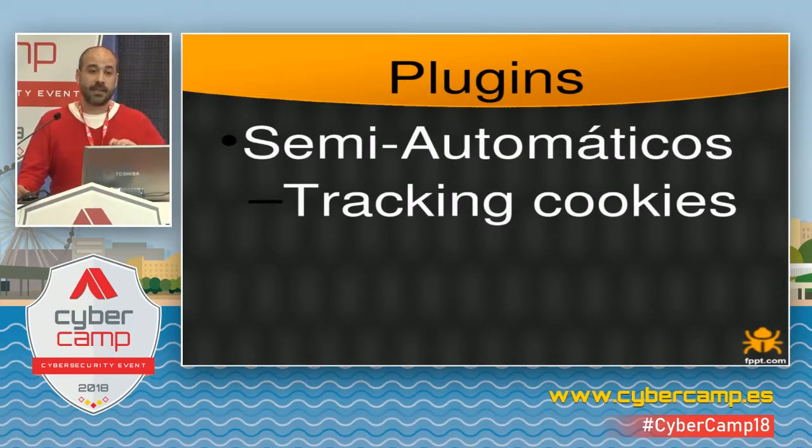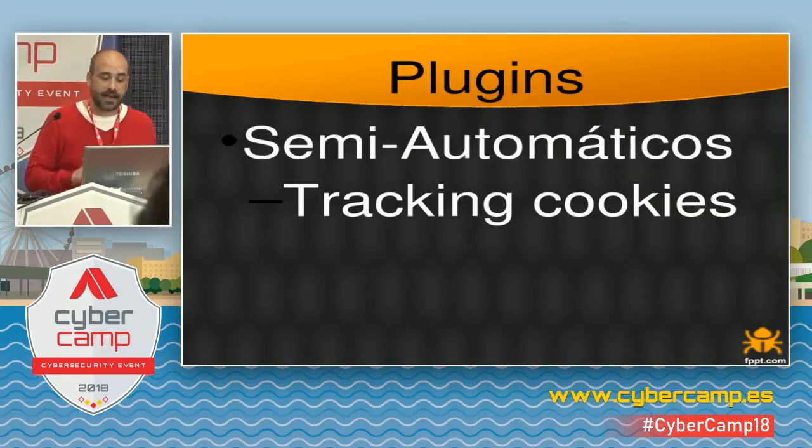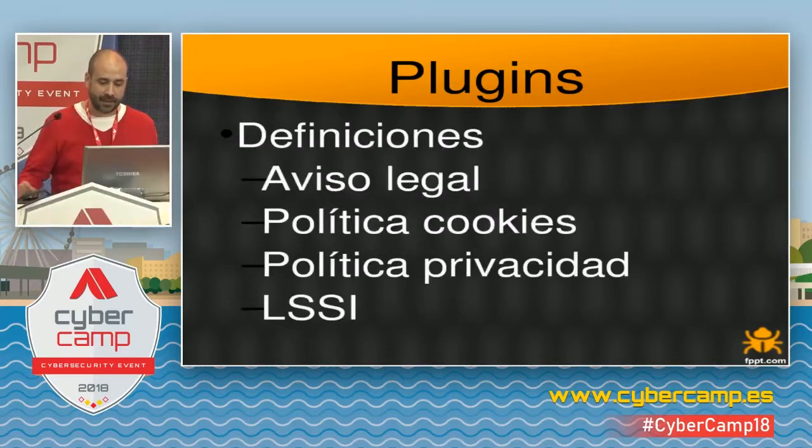What about the plugins for cookies? Well, those work semi-automatically, recovering the cookies first, and then there should be a blacklist and a whitelist to know if they're harmless or not, if there's some infringement or not, although that is a manual process to feed all of this. We should also feed other plugins that have definitions for legal laws and regulations.